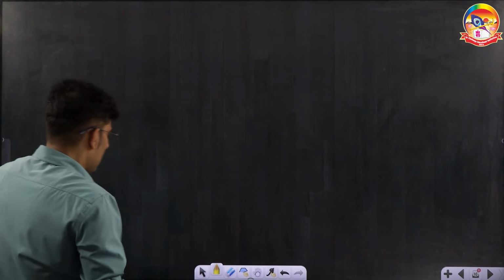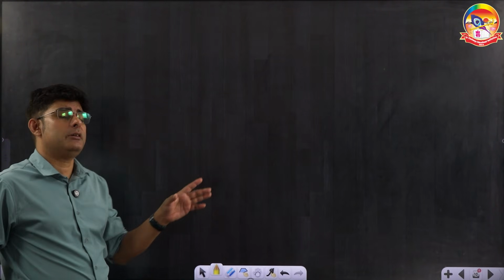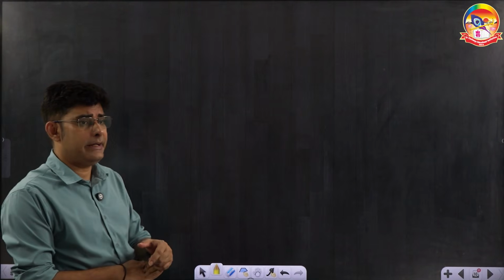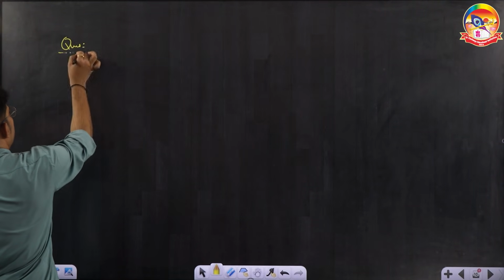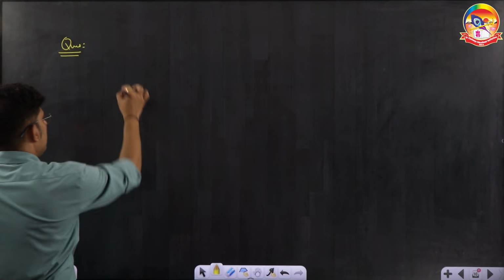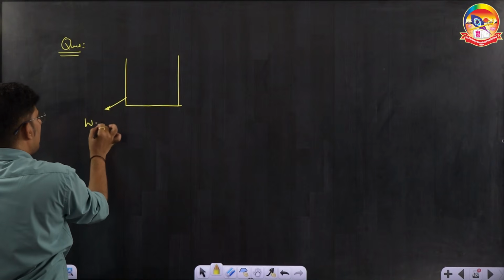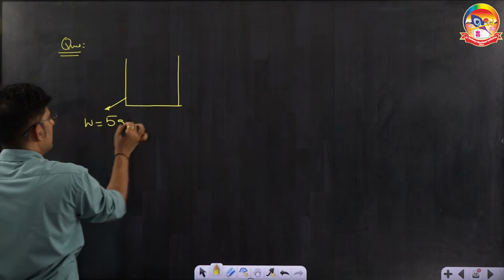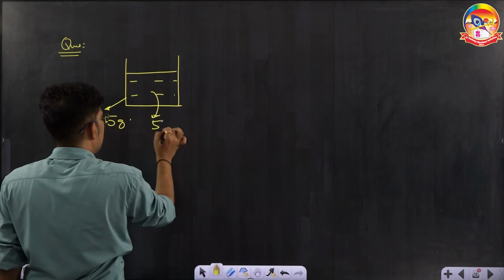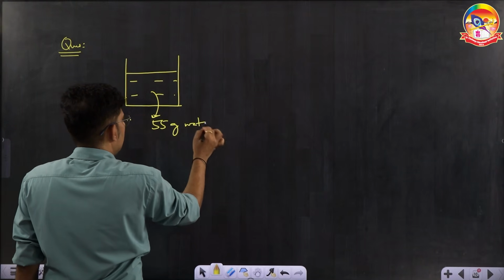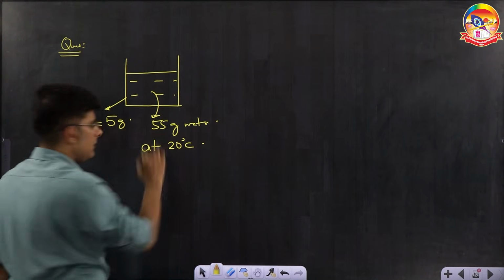Okay. Now apart from this, suppose you get questions where state is also changing. So how do we use the principle of calorimetry? Let's take one question where we have a vessel whose water equivalent is given as 5 grams and it is already containing some water. Let's take this water as 55 grams, and these two are at 20 degree Celsius.